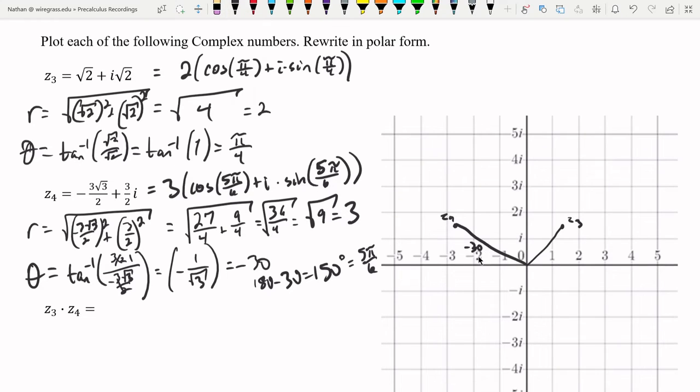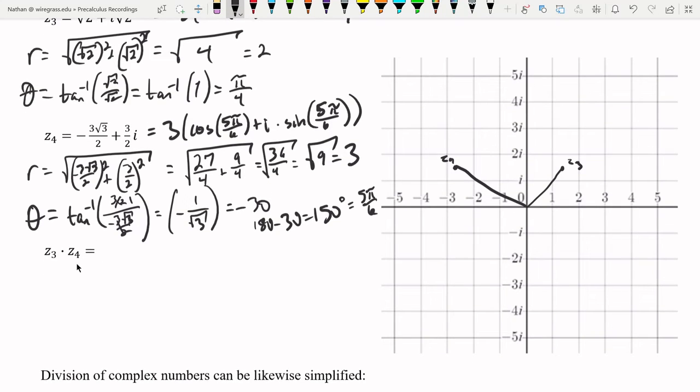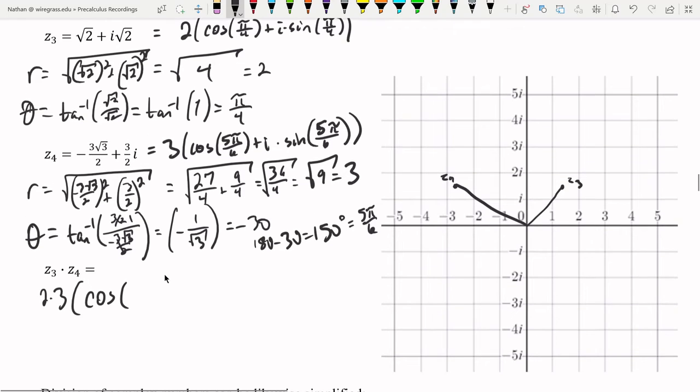Okay, now that we have both of our numbers in polar coordinates, let's go ahead and multiply them. Again, to multiply them, we're going to multiply the radii together. So it's going to be 2 times 3. And then we're going to add the angles together in the cosine. So the first one was pi over 4. Next one was 5 pi over 6.